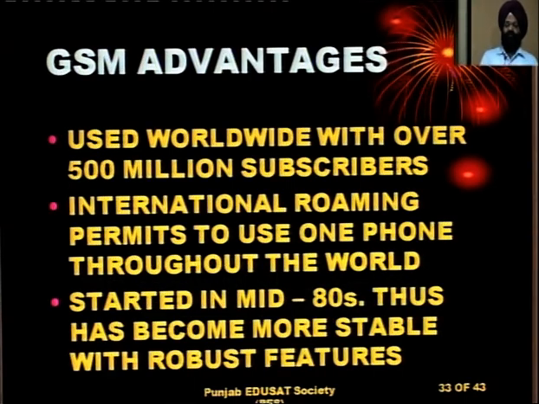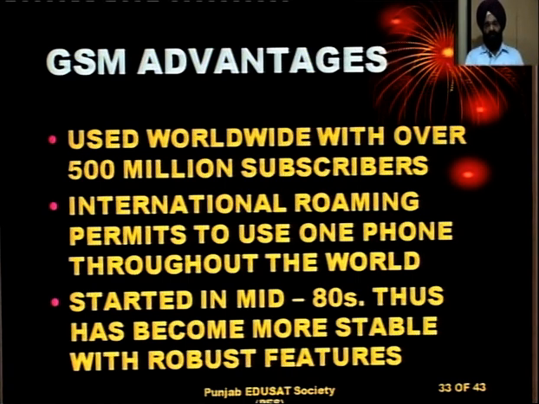Now we will discuss the advantages of GSM. GSM is used worldwide with over 500 million subscribers. It has international roaming. It permits using one phone throughout the world. It started in the mid-80s and has become more stable with robust features.